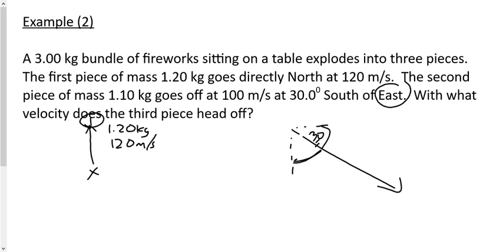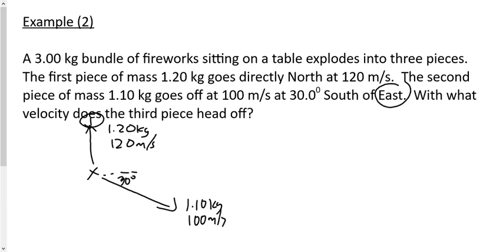So this one is going to go down like this, 30 degrees measured from the east. My mass is 1.1 kilograms, and my velocity is 100 meters per second. Where do we think that third piece is going to go? South of west?